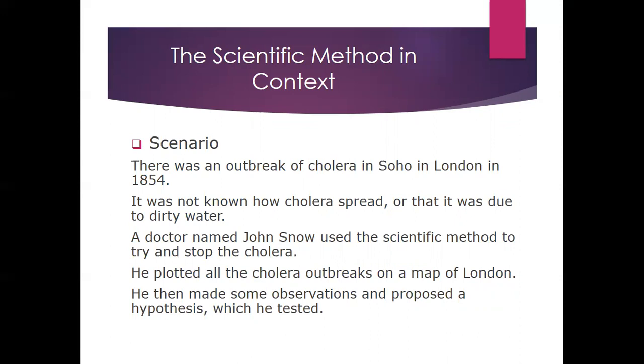It was not known how cholera spread or that it was due to dirty water. A doctor named John Snow used the scientific method to try and stop the cholera. He plotted all the cholera outbreaks on a map of London. He then made some observations and proposed a hypothesis which he tested. So let's break down this scenario.